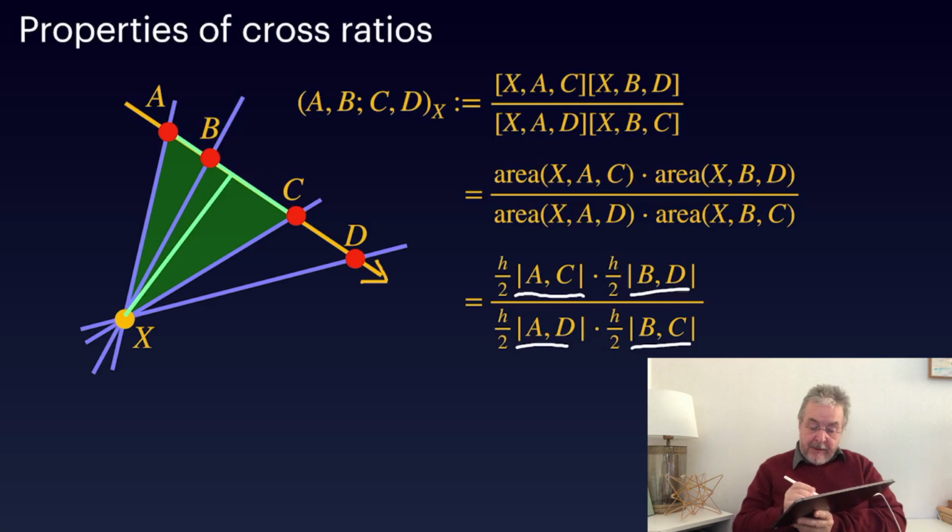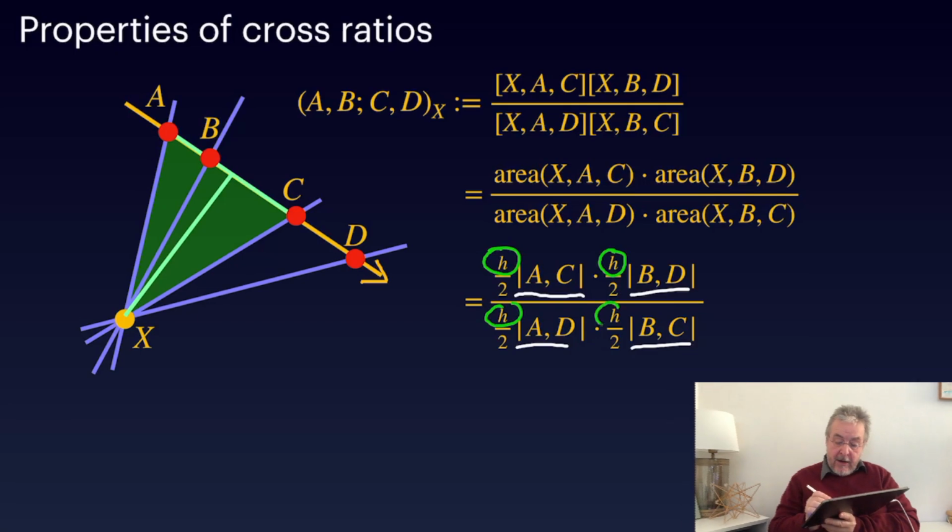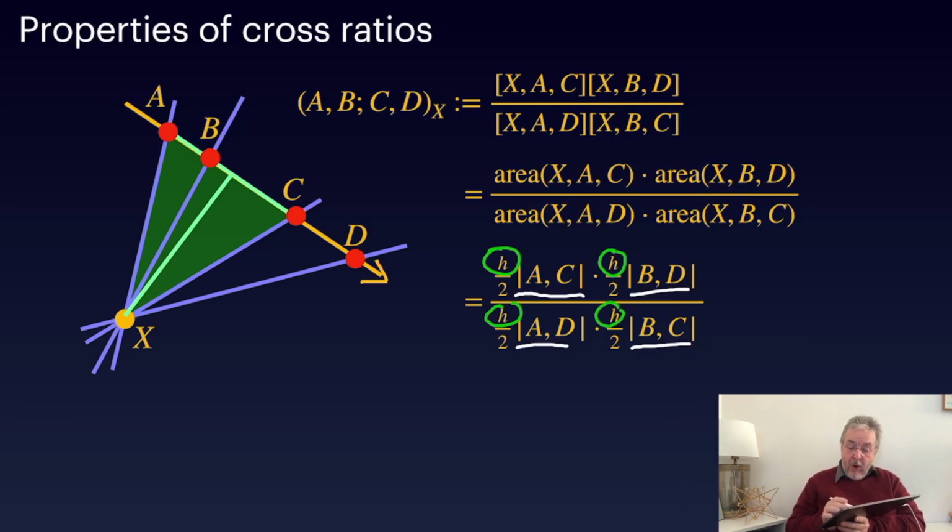Second comment, you see that I only used one h here. So I used the same h here, here, here, and here. The reason for that is that all the triangles involved get their altitude from our point x. So this line here turns out to be the altitude, and this will be the same for all 4 areas that we have to consider.